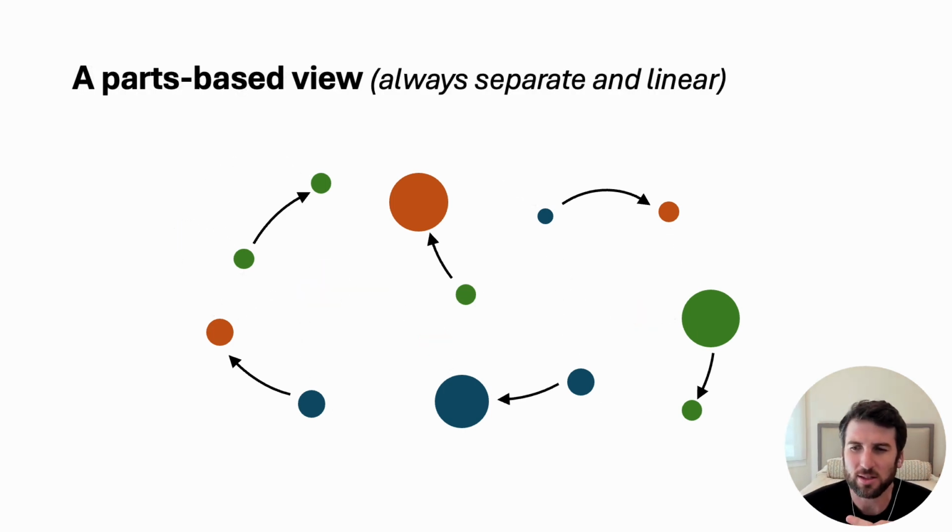Now, it's helpful to really parse out what is really meant by a parts-based view. In a parts-based view, it's really considering a linear system where one piece just influences the other piece. And when they're separated, it creates this effect of linearity where the whole is just a simple addition of the parts.